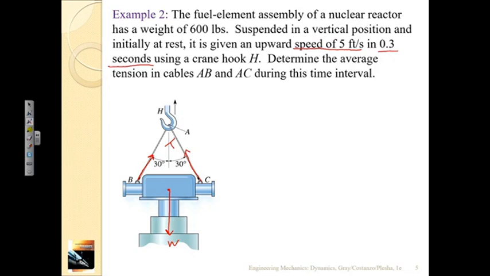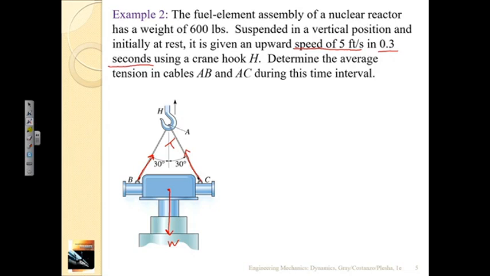All right. So again, a problem dealing with position in time, trying to find an average force. We're going to use some momentum here. So momentum, impulse, or impulse, momentum, I just flipped them. I've got m times my initial velocity, plus my impulse, equal to mass times my final velocity.